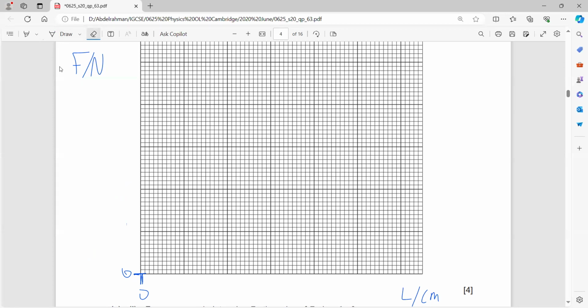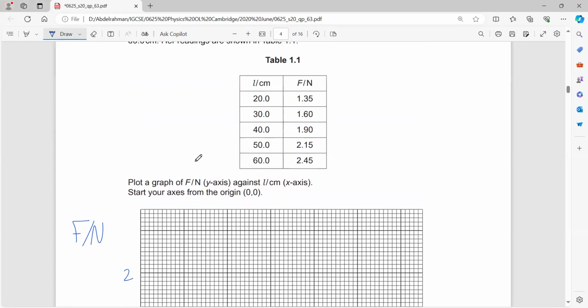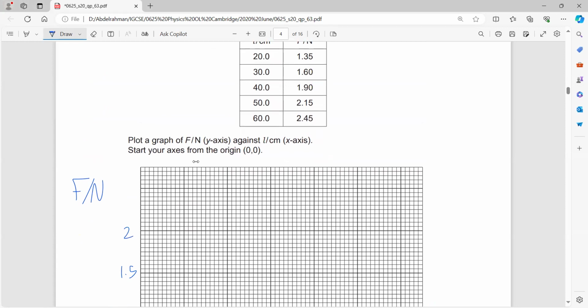We can scale it using 0.5. What does 0.5 mean? Initially I will start here at 0, and then the next one is 0.5, 1.0, 1.5, 2, 2.5, and that's the maximum, 2.5.